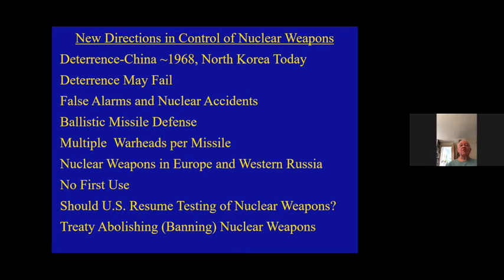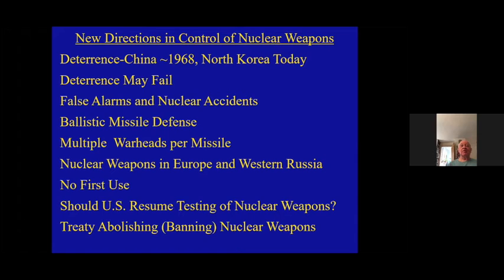Okay, so some of the things that I can talk about, and I don't have enough time to talk about them all today. The first is deterrence. And there's been a lot of talk in the last several years about North Korea, and could North Korea deliver a weapon to the United States?